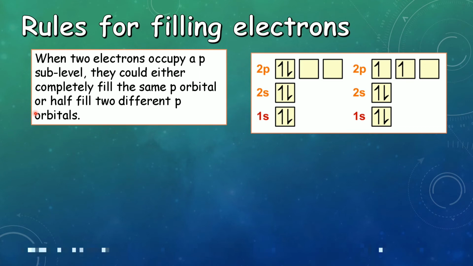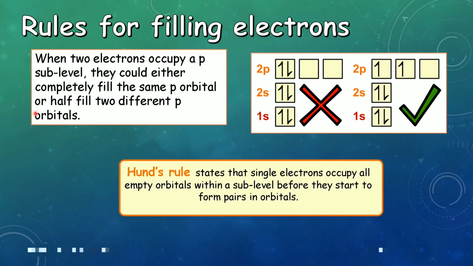So sa example natin dito, alin kaya ang tama dyan? Okay, tingnan nyo po yung 2p, parehas 2p2 eh. Diba? Dalawang electrons meron. Pero magkaiba ng way ng pagsulat. Alin kaya ang tama dyan? Tingnan natin. Okay, mali po yung nasa unahan at tama po yung nasa pangalawa. Hindi po pwede based sa rule na to na sa isang orbital ay magdadalawa ng electron hanggat hindi napupuno yung ibang orbital.